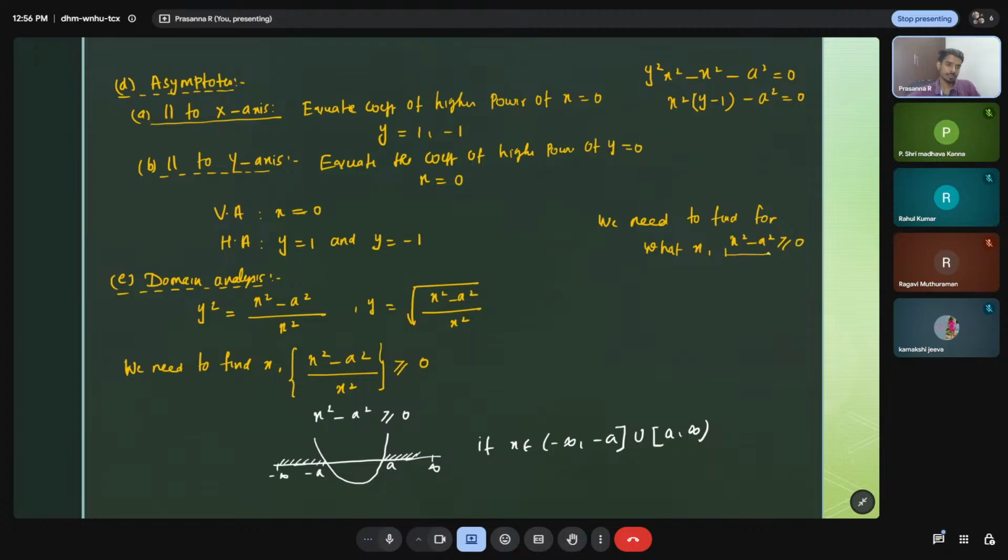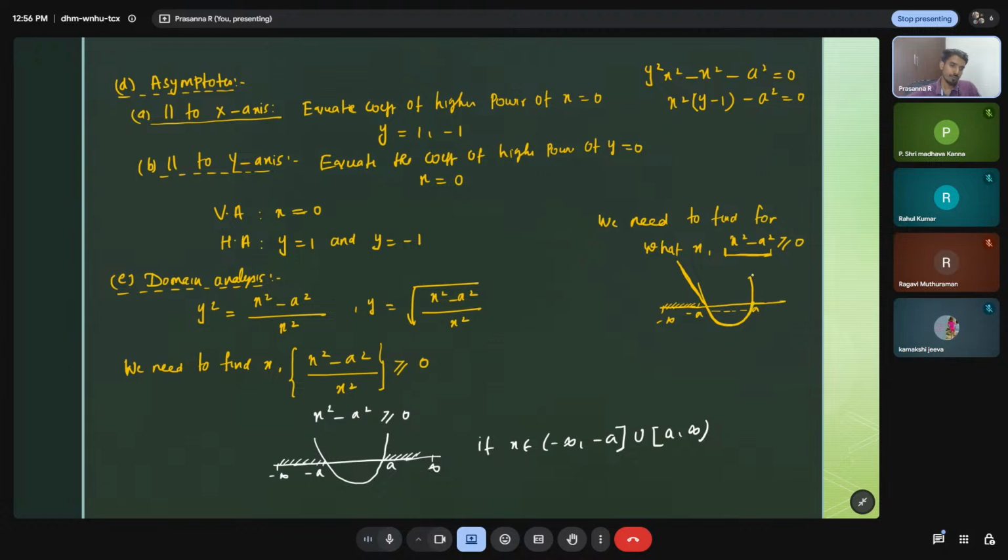This is a quadratic expression, x square minus a square, and the roots are given by minus a and plus a. Here you see that the outputs are positive because the graph is above the x-axis. And in this region, the outputs are below the x-axis, which means the output will be negative.